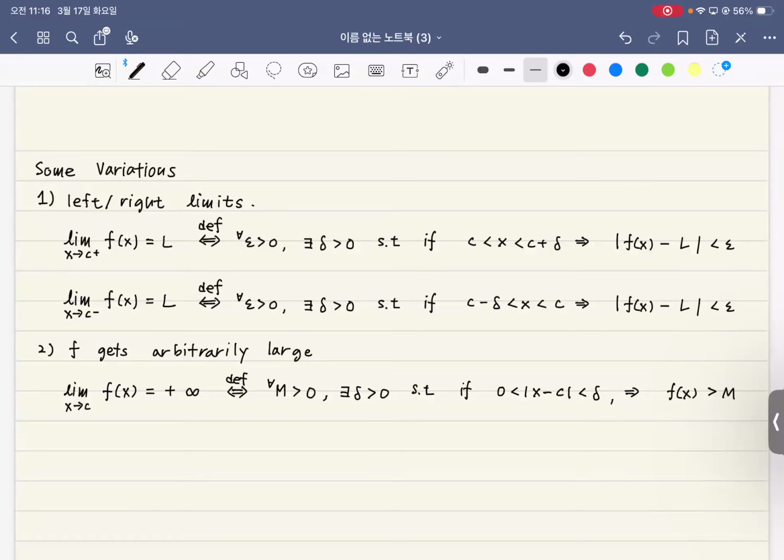Then you can still find the delta, and for this delta neighborhood of c, the function value is greater than 1 million. You have to remember that m was chosen as an arbitrarily large number. Therefore, if you get really close to c, your function value can be larger than any large number you can ever imagine. This is the meaning of f getting arbitrarily large.